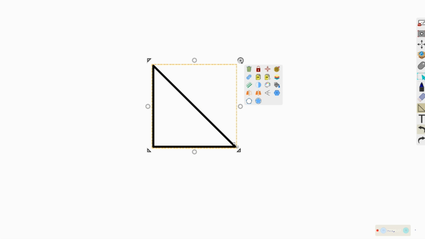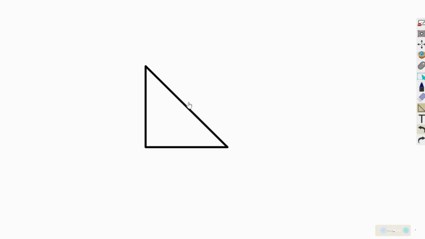There you go. Now it is a 45, 45 degree triangle. Let me name this triangle as A, B, C. Angles are 45 degree, 45 degree and 90 degree.